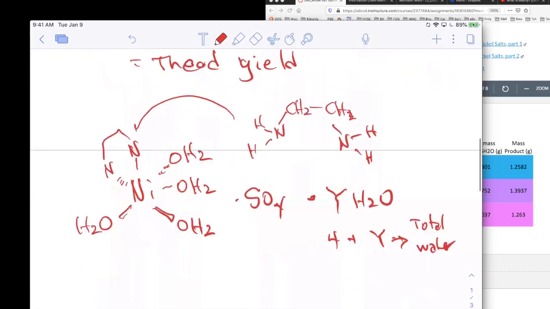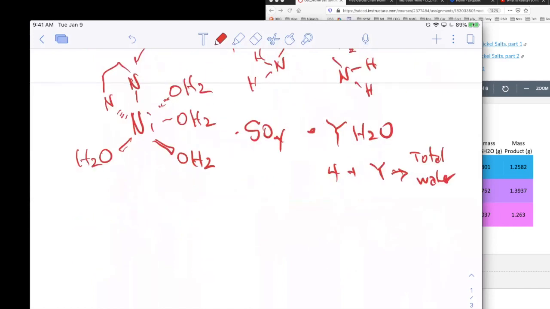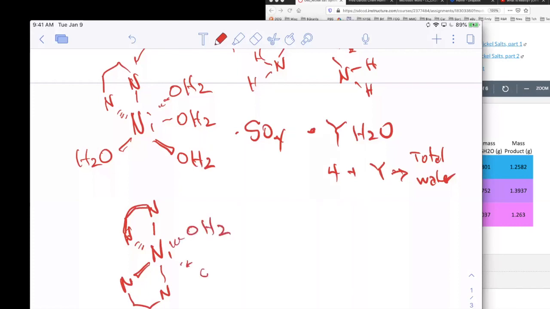The other chemical, maybe salt B or salt C, would be nickel, 2 ethylene diamine, and then 2 waters still remaining. You're going to have a sulfate, and you're going to have water. Now, this water here and this water here may be different.